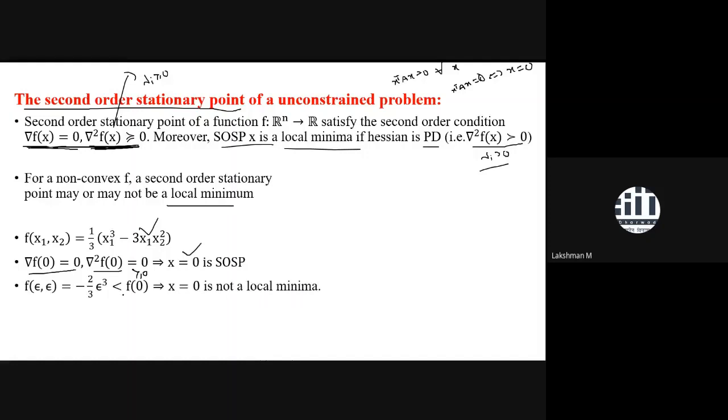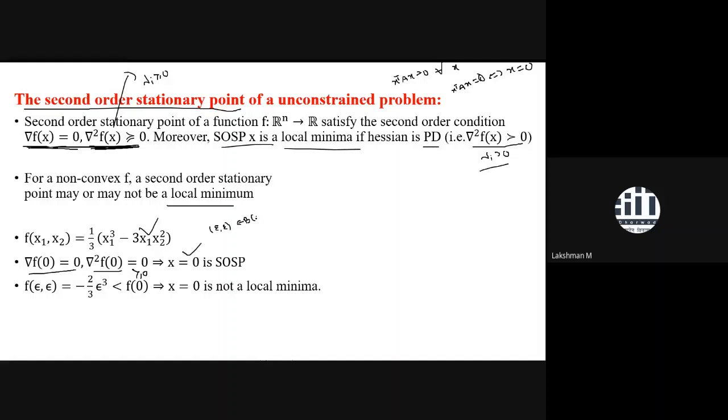How? If you find the value of the function at a neighboring point of 0, take epsilon, epsilon, a point in a small neighborhood of 0.